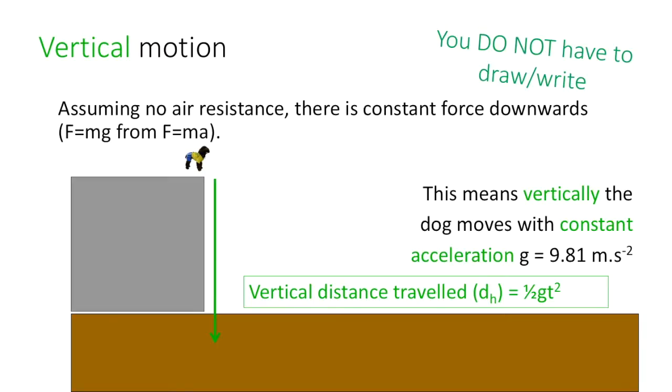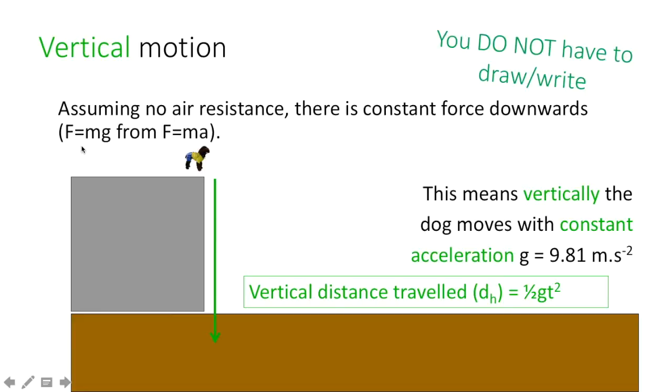Let's look at the vertical component of a projectile. We have already learned about falling objects. That is pretty much all the vertical component consists of. Here we have a dog on a cliff, some distance above the ground. When this object falls, it will be falling under the force of gravity, which we calculate using the equation F equals ma, where a, the acceleration, is due to gravity.